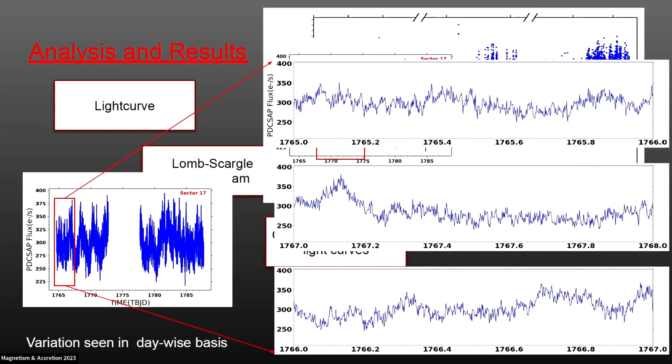Using these periods, we do phase folding around those periods, and we do 1 day phase folding around those periods. Why we do 1 day phase folding, I will say in a while. And then, using the information from the phase folded light curves, we do the pulse fraction plot.